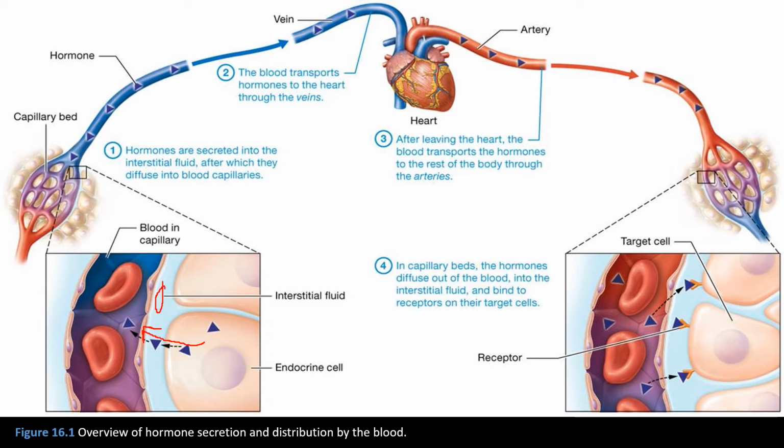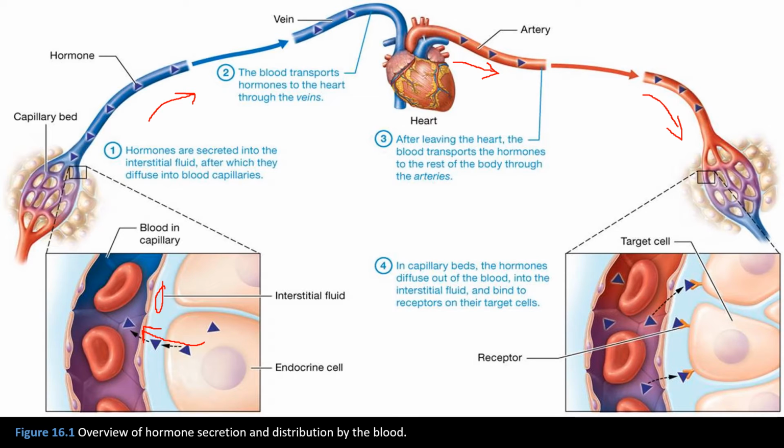The interstitial fluid is then going to transport those hormones into the bloodstream, and they're going to diffuse into the blood capillaries, and then all the way up through veins to the heart, get pumped out of the heart into the lungs, out of the lungs, back into the heart, out of the heart, back into arteries. And as they travel through these arteries, they're going to make their way into eventually arterioles and then blood capillaries near their target cells.